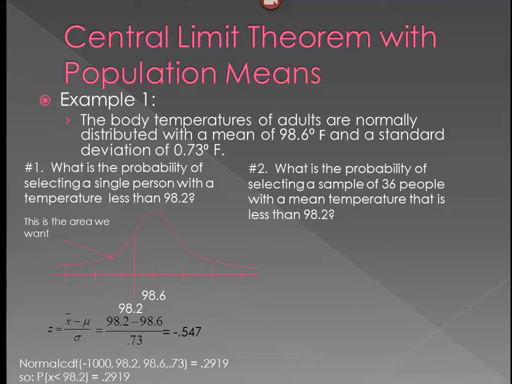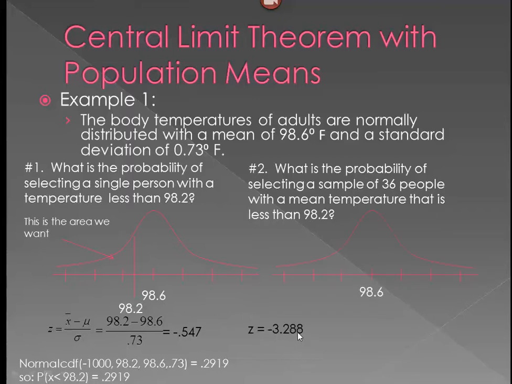That means, in essence, and it's logical when you think about it, if I take 36 people from the population, some are going to be on the upper end of the temperature scale, some on the lower end. But once I start averaging those numbers together, those lower and upper extremities begin to cancel each other out within the averaging process. And so we end up with values that are a lot closer to that middle 98.6 than, say, individuals would be.